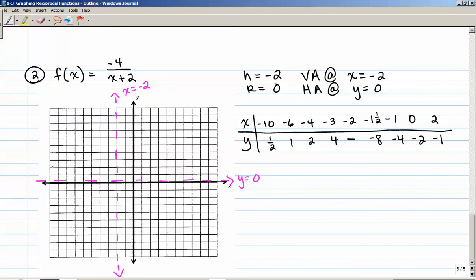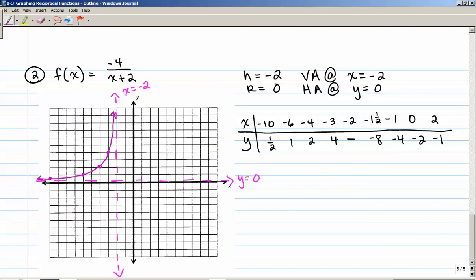So, negative 10 and 1/2, so that would be right about there. Negative 6, 1, negative 4, 2, negative 3, 4. And I can't do negative 2 because that's my line, my asymptote. So here's part of the curve right here.